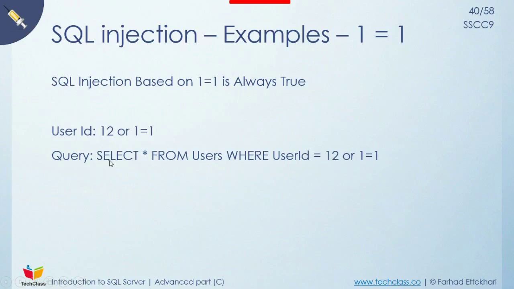So when the database is executing this line of query, these two conditions can always be true, because user ID is equal to 12 or 1 is equal to 1. So all rows of information are going to be returned to the user.